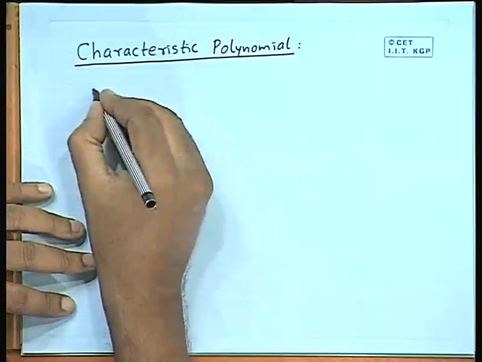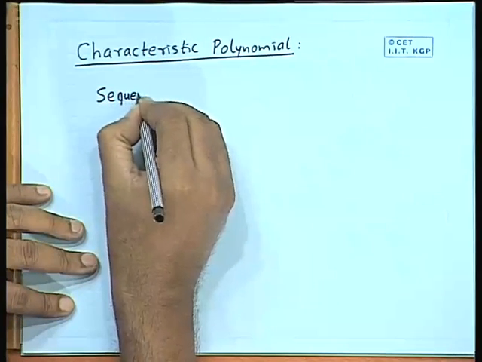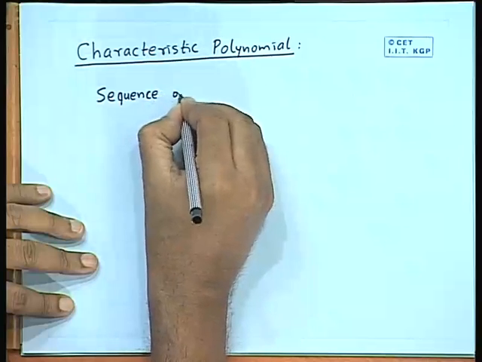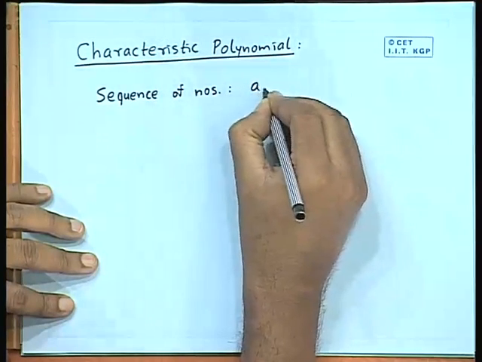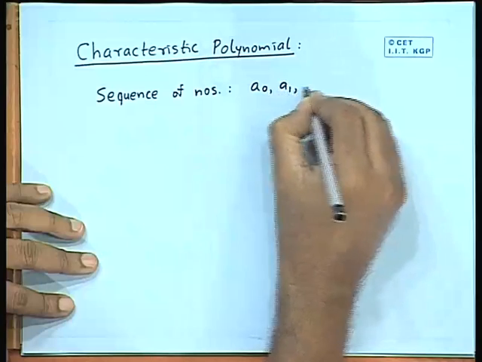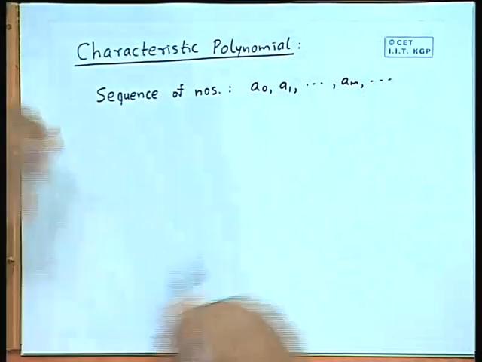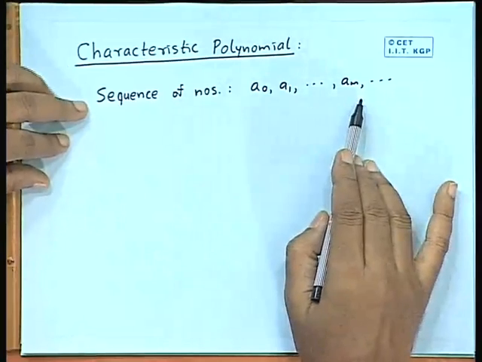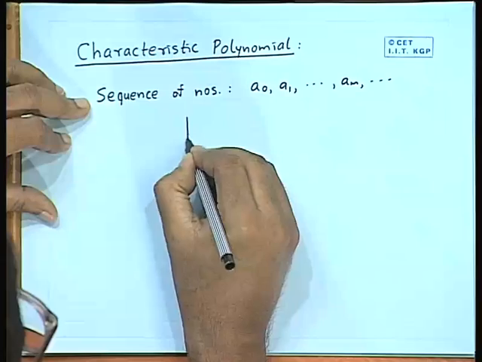Well, we start with a sequence of numbers. Let us call them A0, A1, Am and so on. Now, this sequence of numbers with respect to an LFSR can be treated, for example, if we have an LFSR like this.